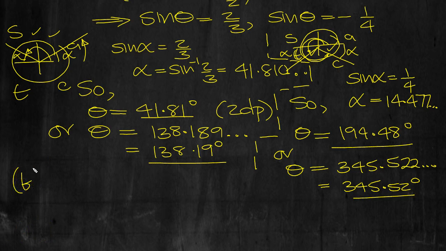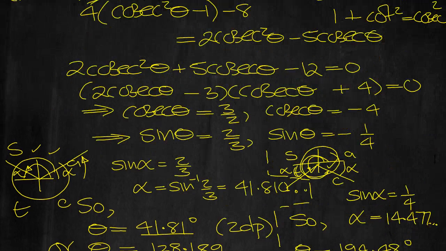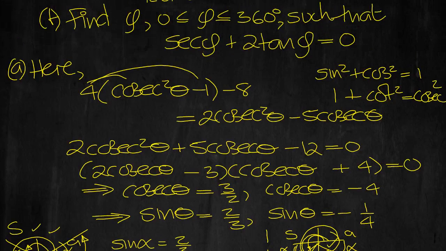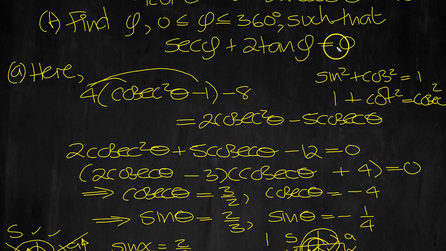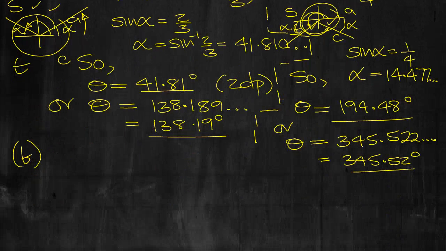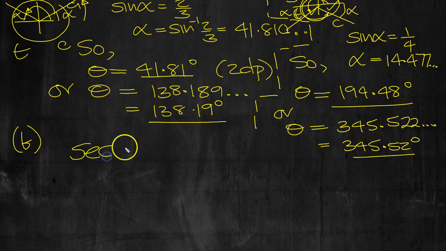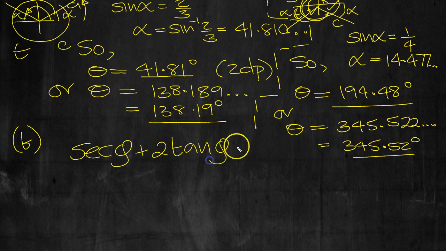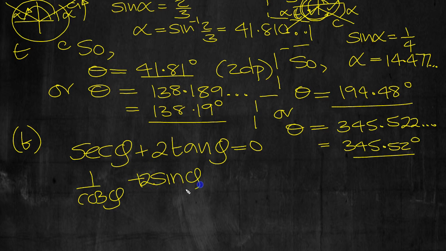Part B then, let's have a look what we've got here. We're solving this equation here, sec phi plus 2 tan phi equals 0 for phi between 0 and 360. Sec is 1 over cosine of phi, plus 2 sine phi over cosine phi, the tan, equals 0.